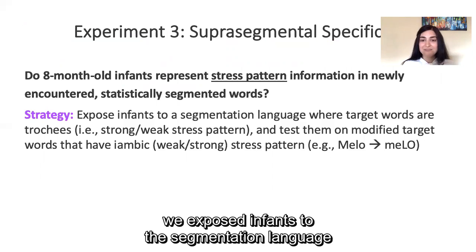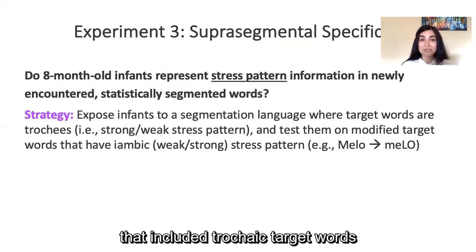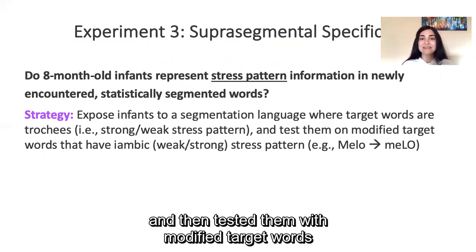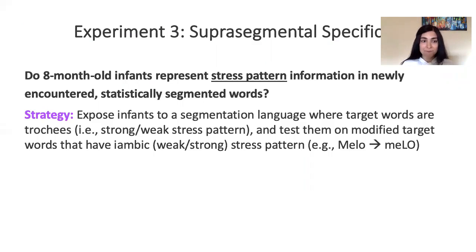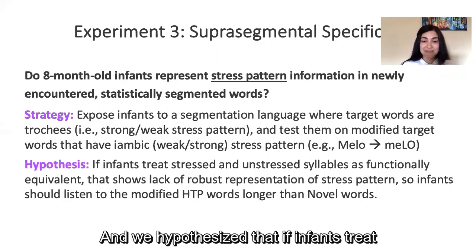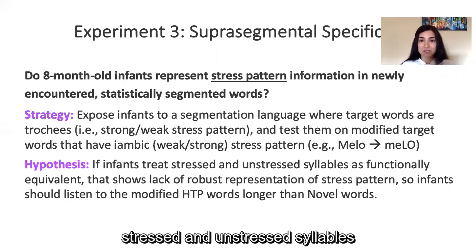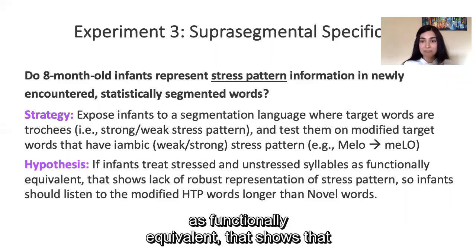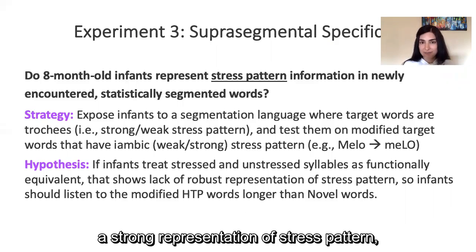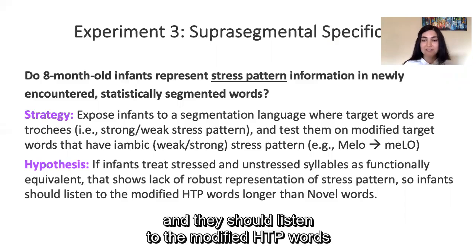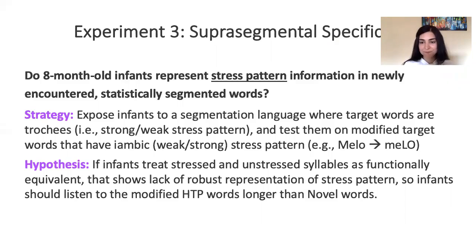To that end, we exposed infants to the segmentation language that included trochaic target words and then tested them with modified target words that had iambic stress pattern. And we hypothesized that if infants treat stressed and unstressed syllables as functionally equivalent, that shows that they may not have yet formed a strong representation of stress pattern, and they should listen to the modified HTP words longer than novel words.